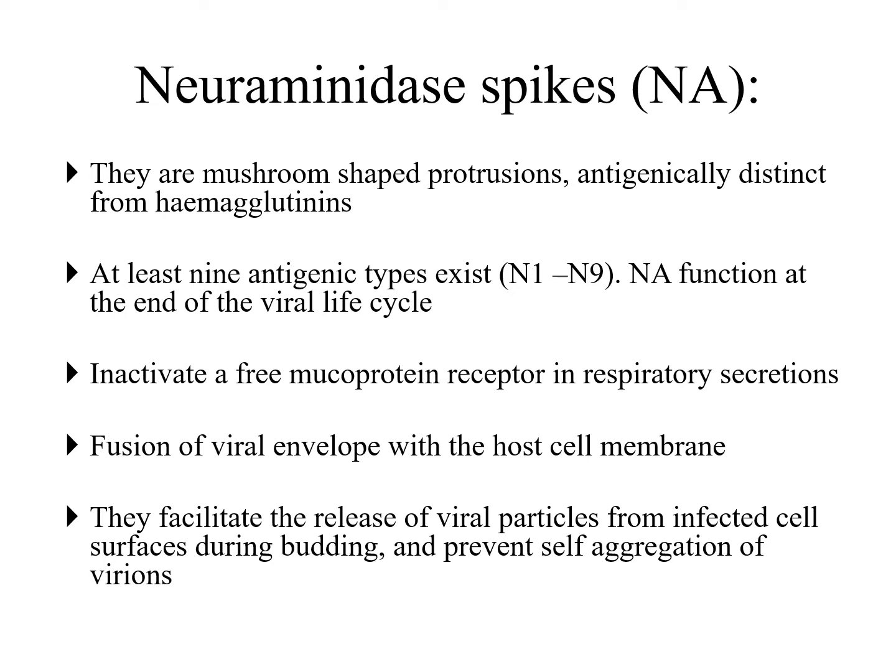The NA plays a role in the fusion of the viral envelope with the host membrane, so it plays a helper role with the hemagglutinin in internalization of the virus and entry into the cell, but it also plays a role in inactivation of the mucoprotein receptor in the respiratory secretion, and the important role for it is in facilitation of the release of the viral particle from the infected cell surface during budding, to prevent self-aggregation of the virion.